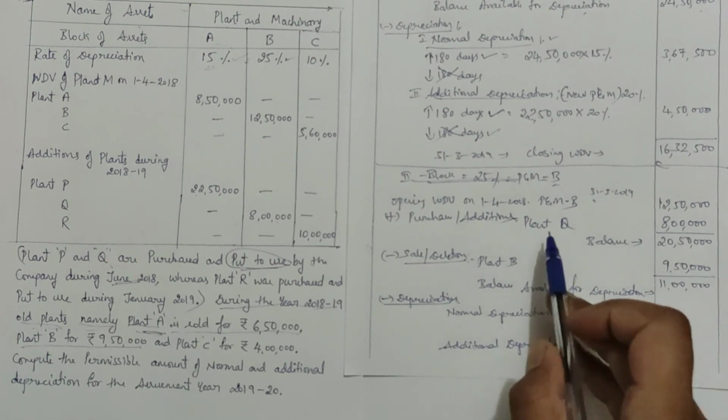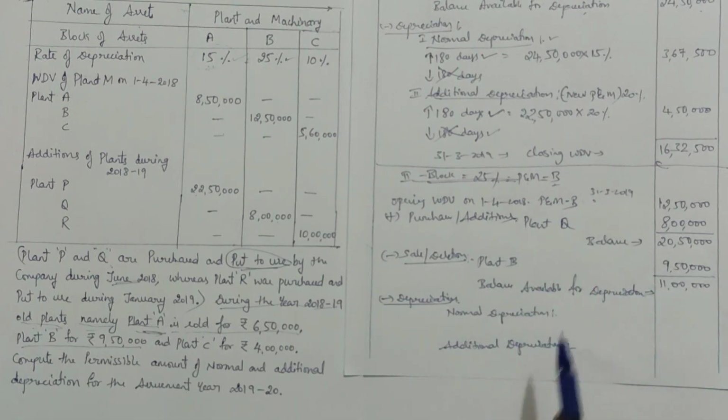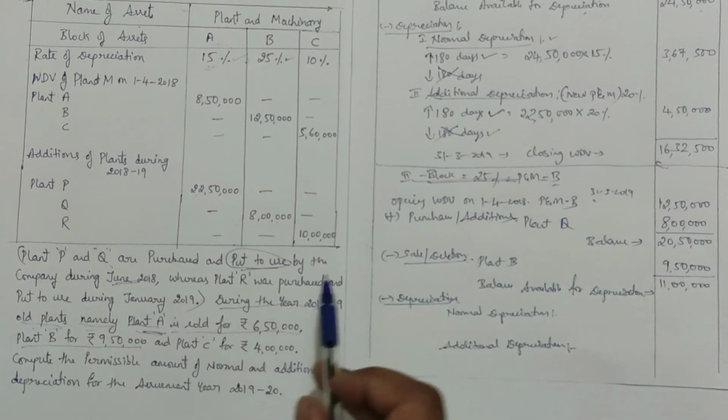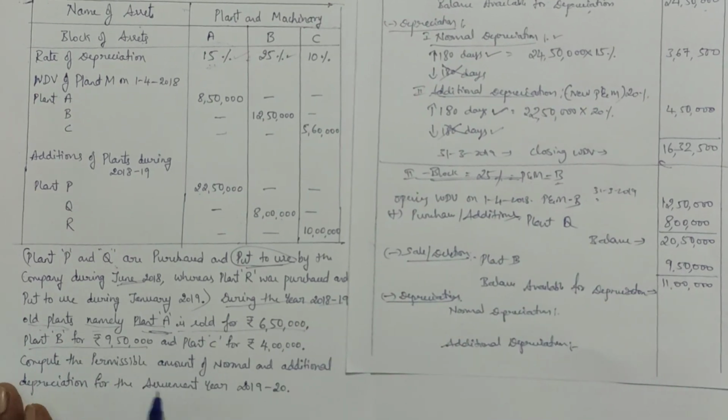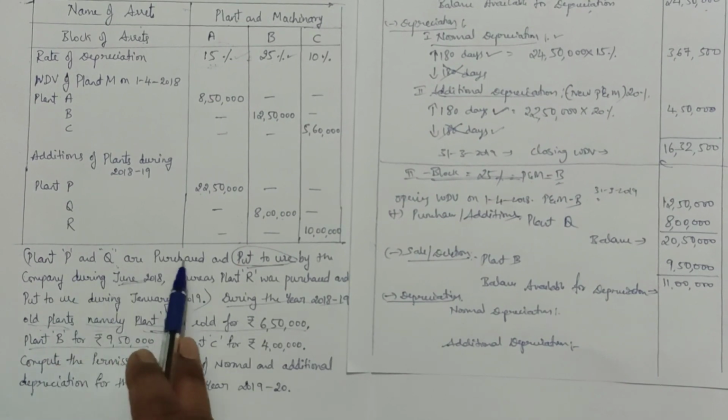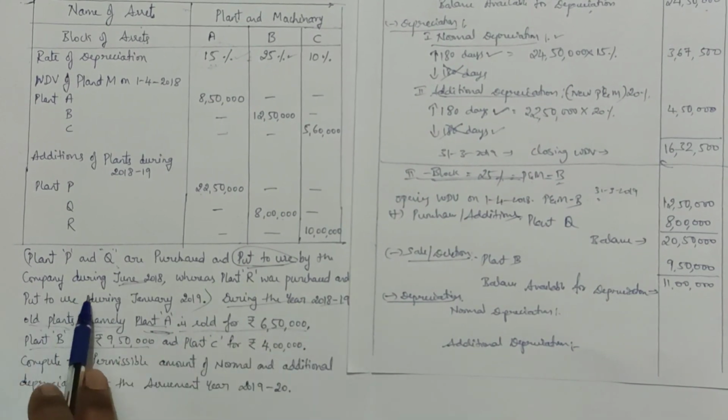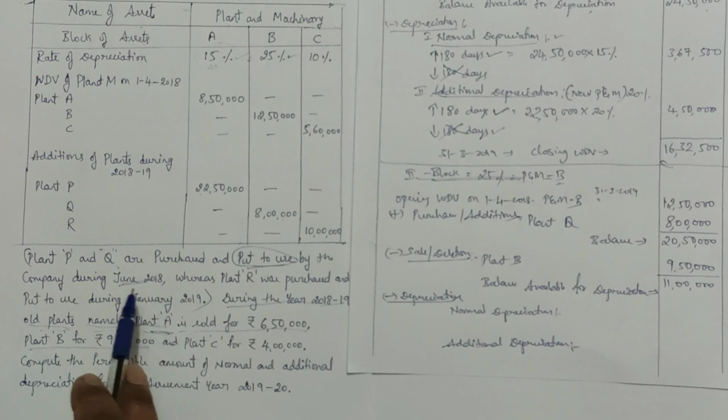So next, if we take plant Q, also we need to check it out. What adjustment have they given here? Plants P and Q are purchased and put to use by the company during June 2018. So P and Q both are purchased and put to use in the month of June 2018.